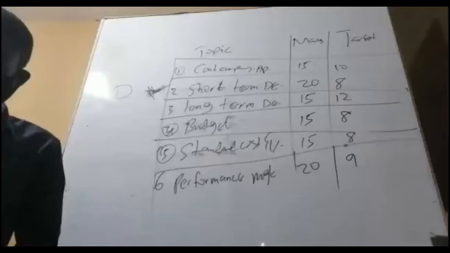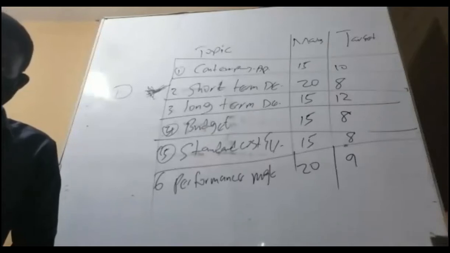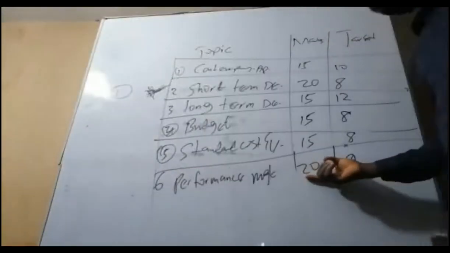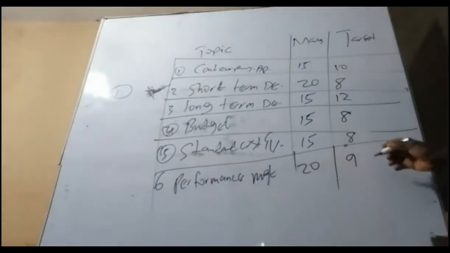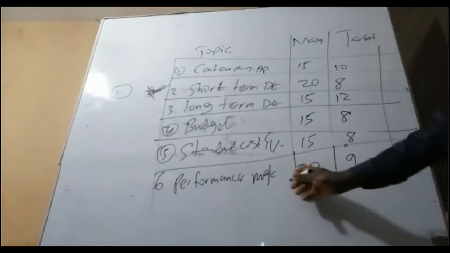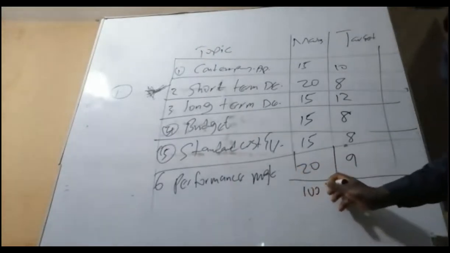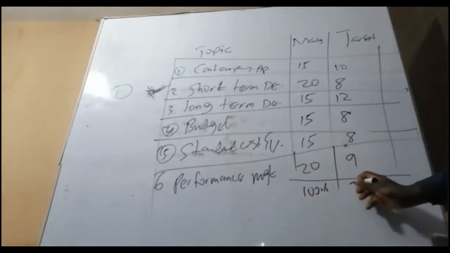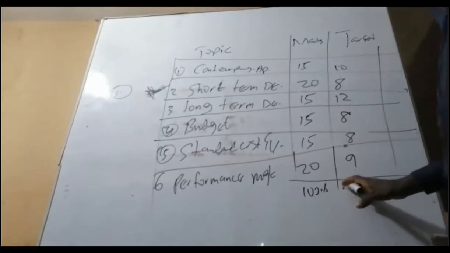Now we are at the 6th section, which is performance management. It is out of 20, but the target marks is 9. When you add all, out of the 100 marks, you are getting what? 55 percent. Good. Or 54.